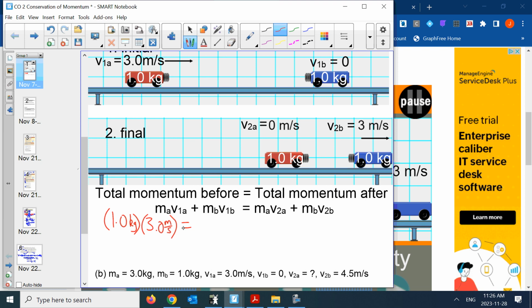On the other side, MAV2A. The second speed turns into 0, so I'm not going to include it.